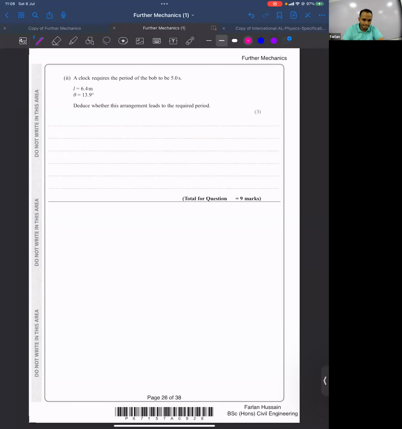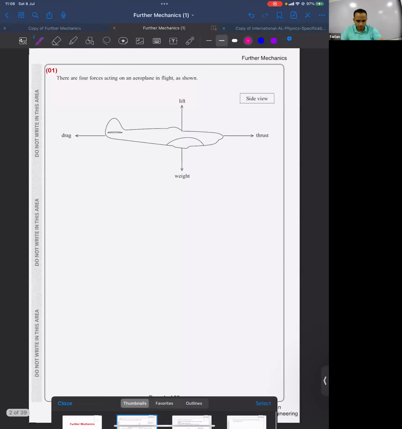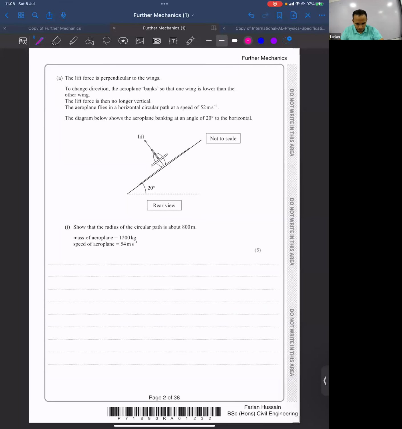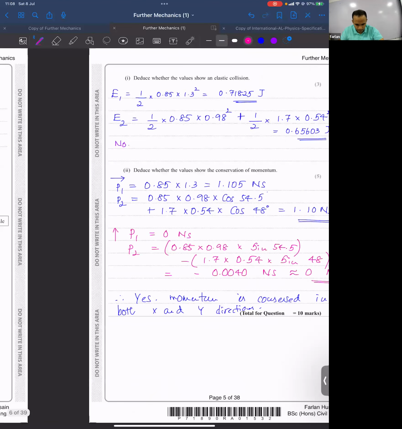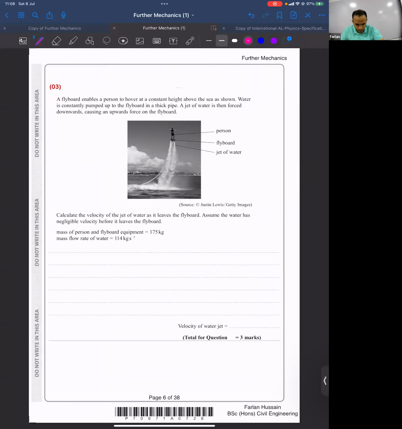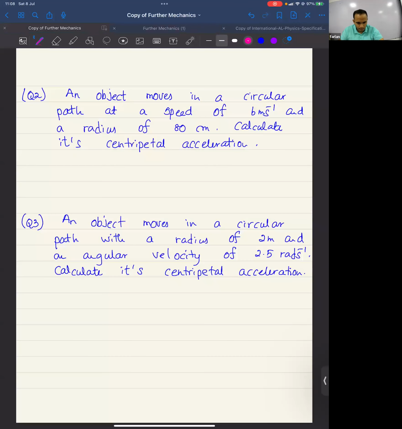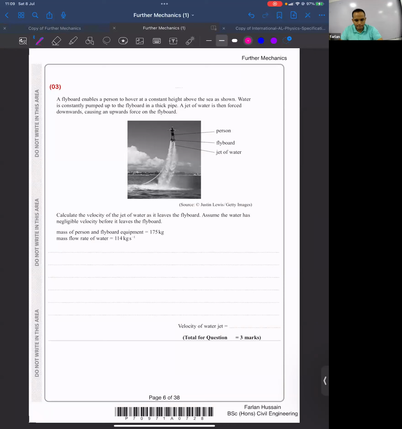Give me the answer. 45 meters per second squared.